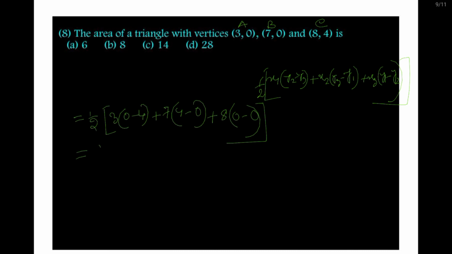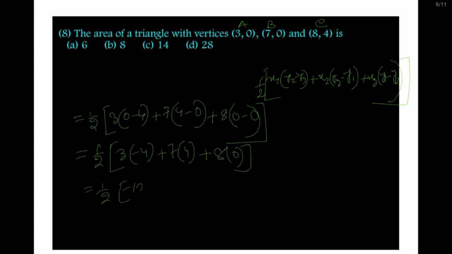So 3 of minus 4 plus 7 of 4 plus 8 of 0 will be 0 actually. So here we can get them as minus 12 plus 28 plus 0.